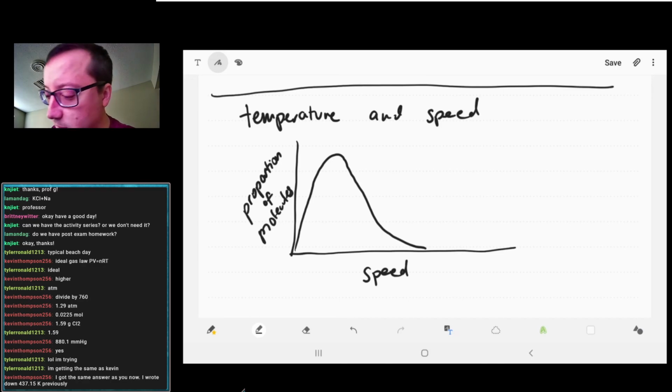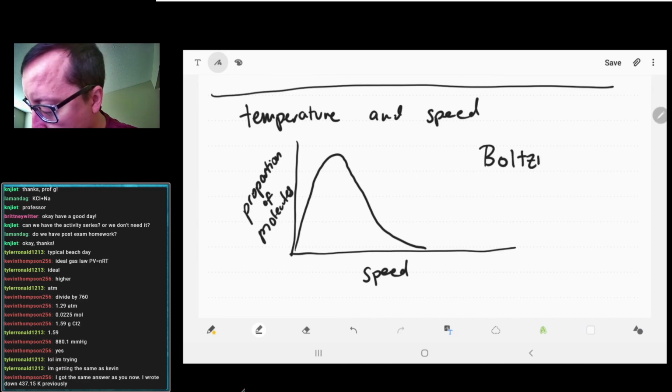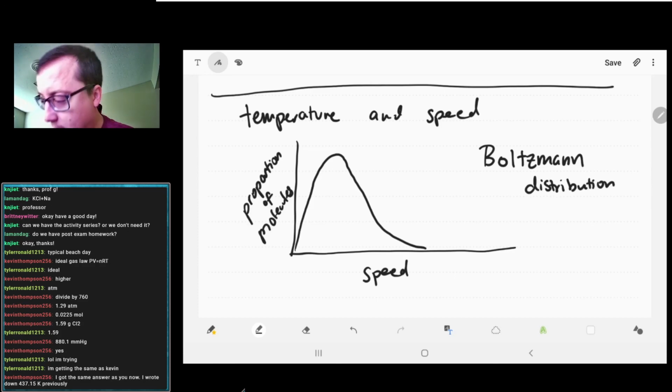This is what's called a Boltzmann distribution. Remembering that temperature is a measure of the average kinetic energy of a system, you get one number for temperature. However, we actually have gases of a whole bunch of different speeds. Some particles are super fast, some are super slow, and a bunch are in the middle. Our temperature will tell us the average speed, which is somewhere around here.